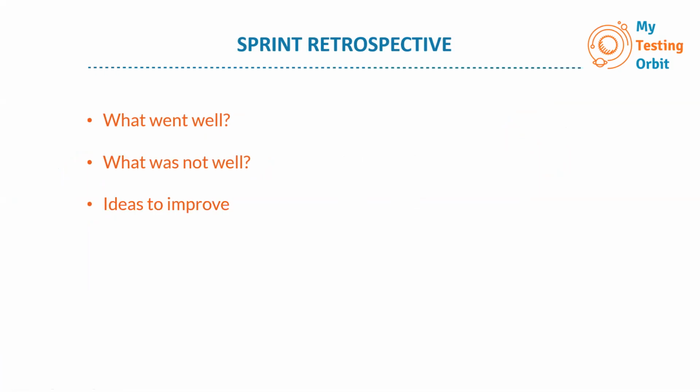As I said, in this meeting stakeholders are not part of it, because this is something which needs to be discussed within the team: how the team was happy with what they did, what they were not happy about, and the idea is for continuous improvement. So if there are any suggestions, those are noted down as well.